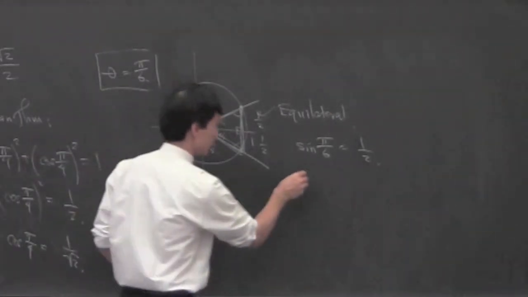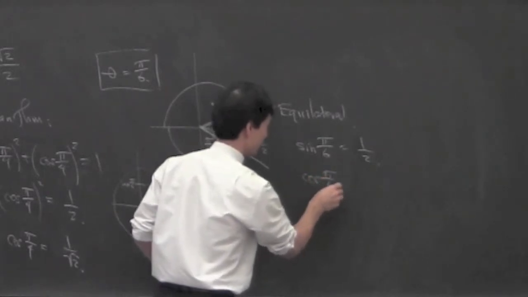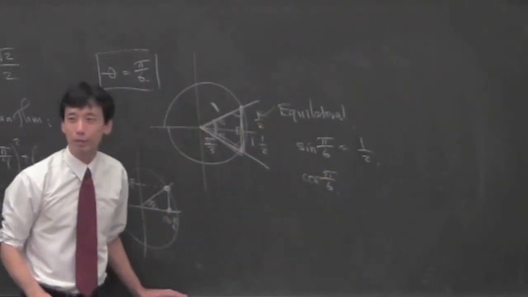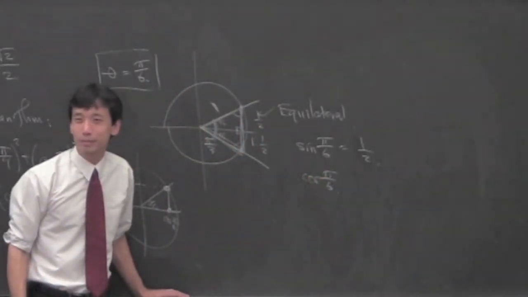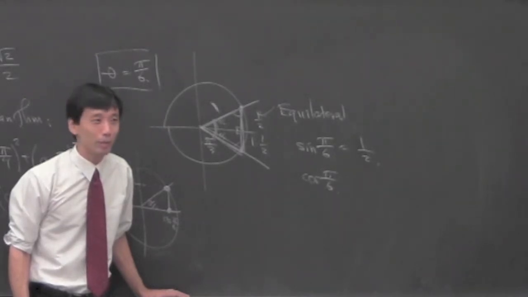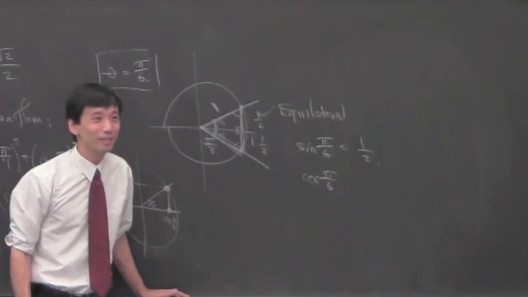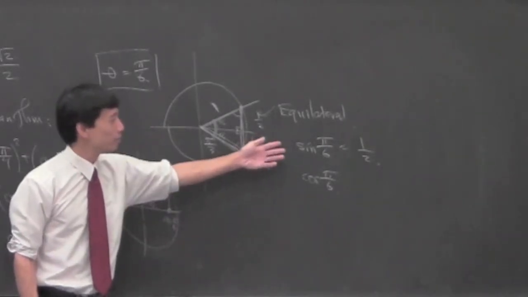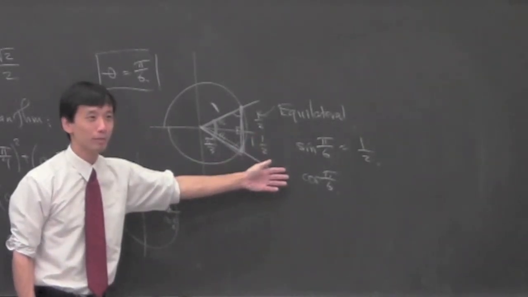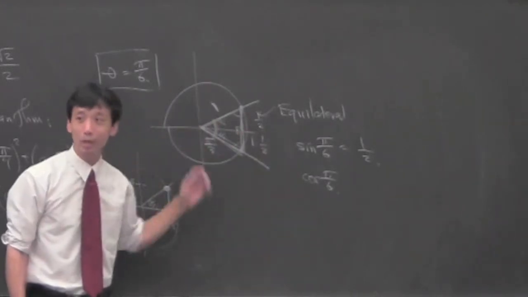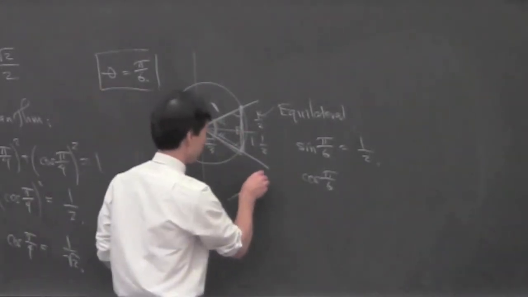Okay. And then the cosine of pi over 6. Well, how do we figure that one out? Lisa. If you know the sine, can you figure out the cosine? You just go with the Pythagorean theorem.